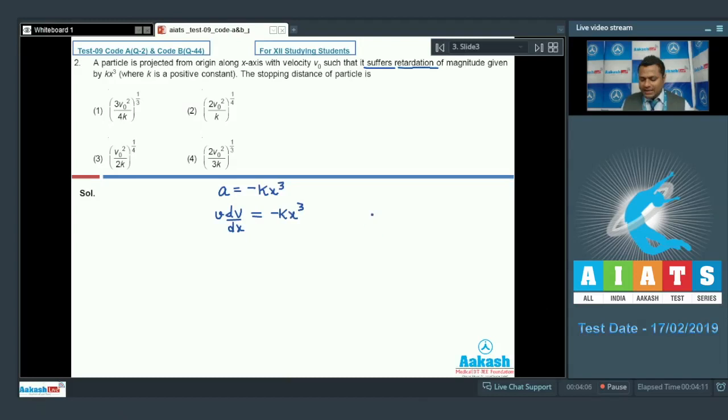Let us rearrange the variables. We will get v dv equals minus kx cubed dx. Integrating both sides in order to calculate whatever is asked in the question, that is the stopping distance of the particle, we have to integrate both sides.